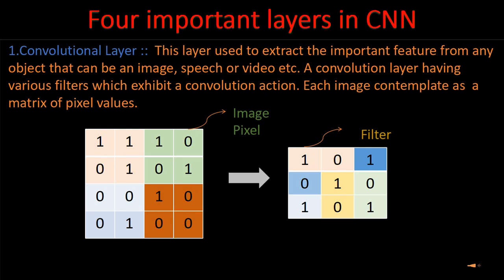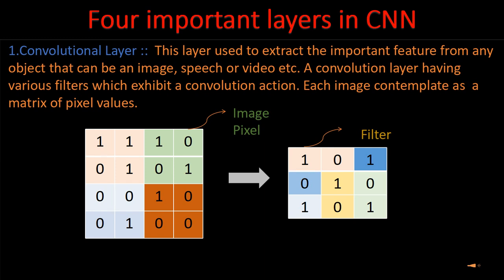Now while sliding the filter across the input image, we will take the dot products of the filter and the input image with respect to the size of the filter that we have taken, 3 cross 3 in the figure.